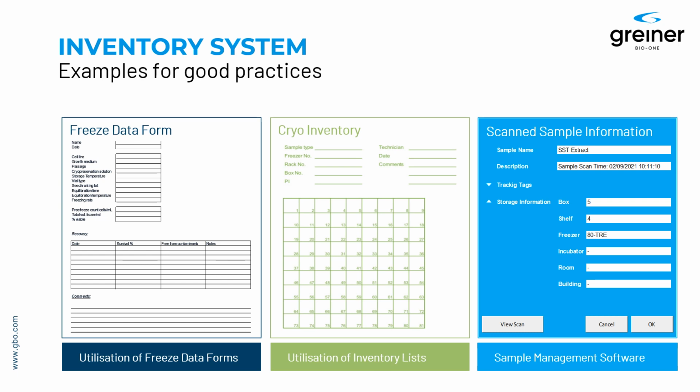And to the right-hand side, we see an example, a screenshot of a sample management software. Such software allows for the entry of all kinds of sample-related information in a software format. They are today available at decent entry levels in terms of price. What they also allow for is that you can use barcoded tubes and scan the unique identifier encrypted in the barcode of the tube, introduce it in your sample management software, and then start with typing in all the related information.